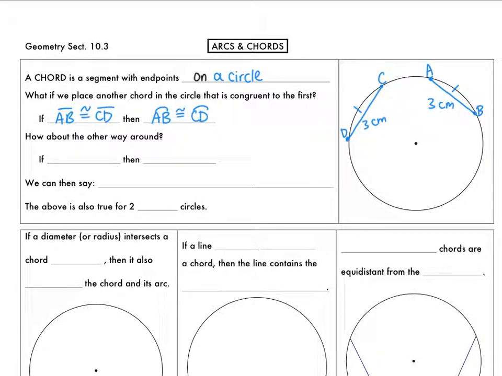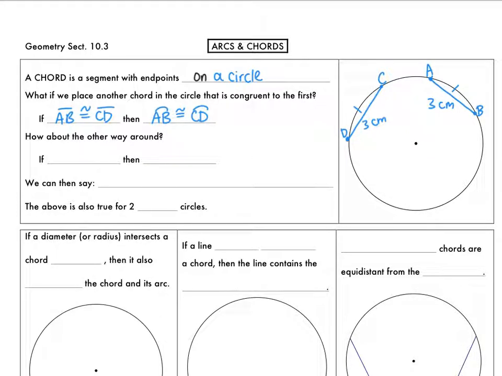Just like we talked about before, when we've got the line over it, we're talking about the actual figure, not the measure or the length of it. Same thing here, we're talking about the actual physical figure, the arc. So the arcs are congruent. If two chords are congruent, their arcs are congruent, which then means their measures are equal.